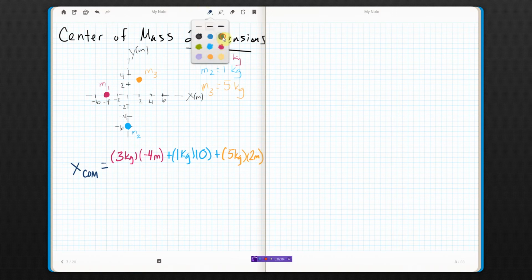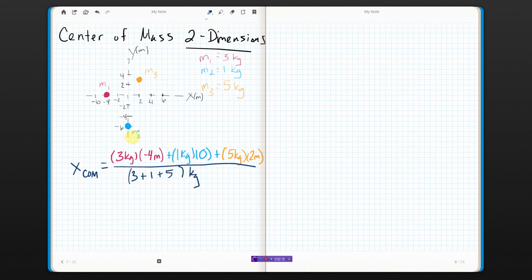Divided by the total mass. So the total mass is, I'll write it out, 3 plus 1 plus 5 in kilograms.